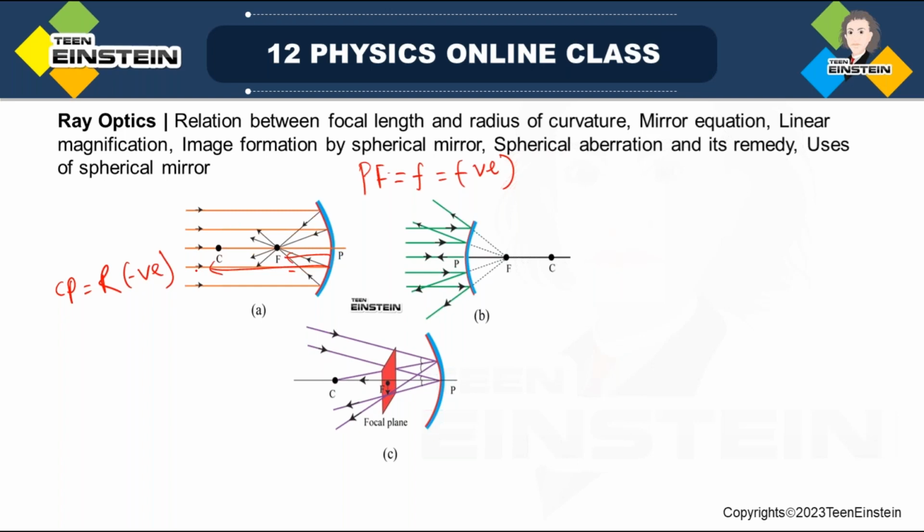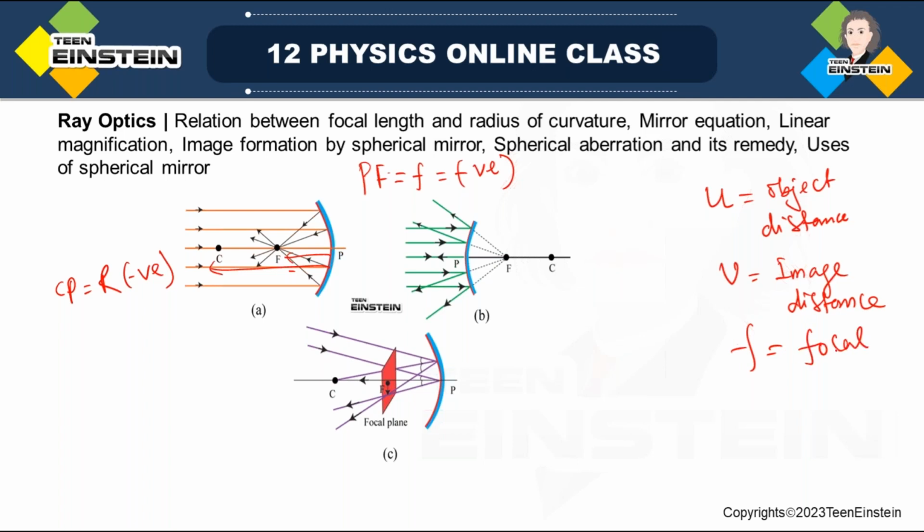Further, when we learn about image formation, we have three parameters. One is u, the object distance from the pole, then v will be the image distance from the pole, and f will be the focal length that you know.